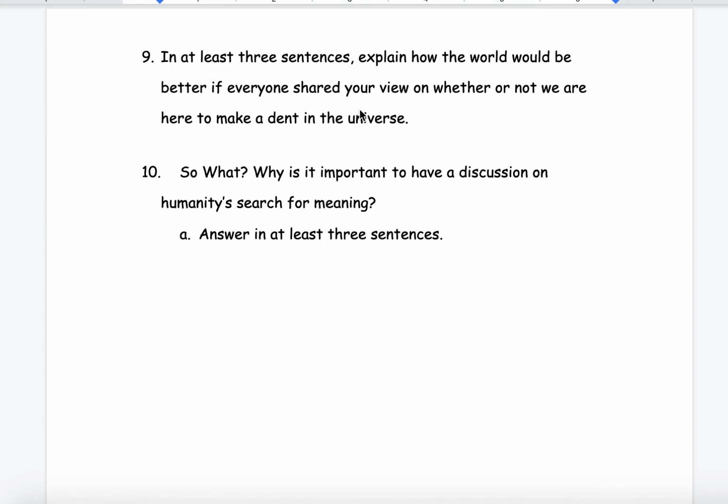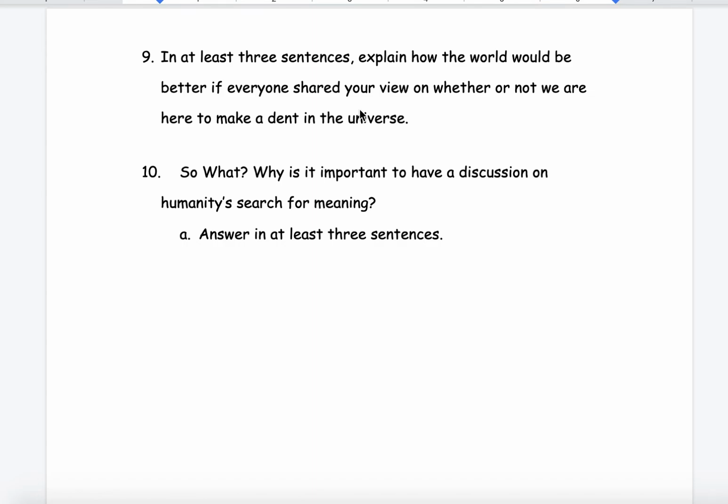So if you're saying we are here to make a dent in the universe, everyone has a purpose. Well, explain. What's the implication of that? How would the world be better if everyone in the whole world believed we had a purpose? Or maybe that's not your view.